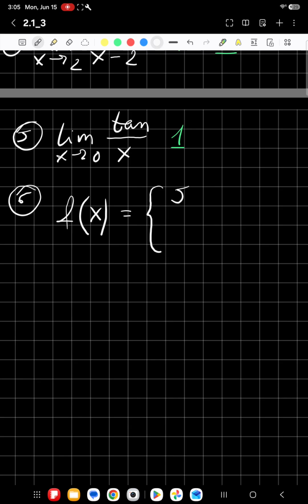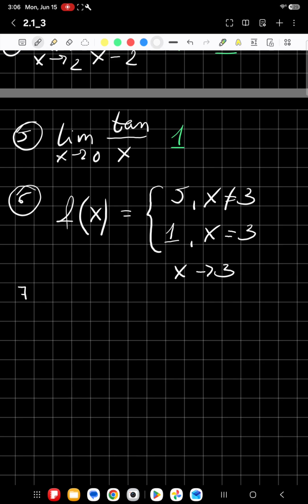We have 5 where x is not equal to 3, and 1 where x equals 3. In this one, x approaches 3. I'm not going to give you the answer for this one. Hope you can figure it out, graph it. There's no algebraic way to solve it, really.